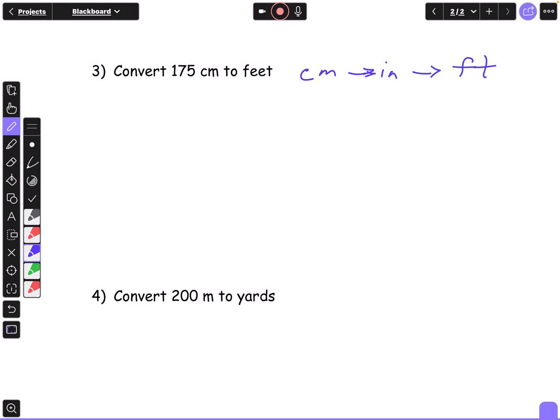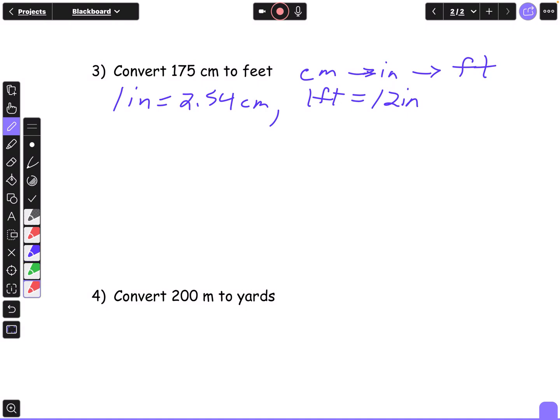So there'll be 2 steps. So what I need to know is that 1 inch is equal to 2.54 centimeters. And also I need to know that 1 foot is equal to 12 inches to do this problem.